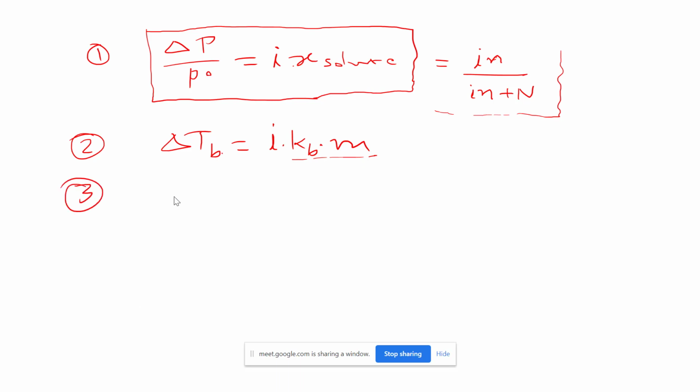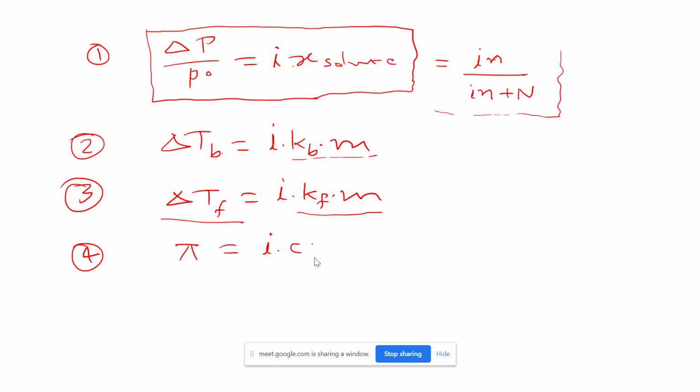The next third formula is delta Tf equals i into Kf into m, and here again this is the observed depression in freezing point, and this is the theoretical Kf into m, so i will be observed upon theoretical. And then the fourth formula is pi equals i CRT.